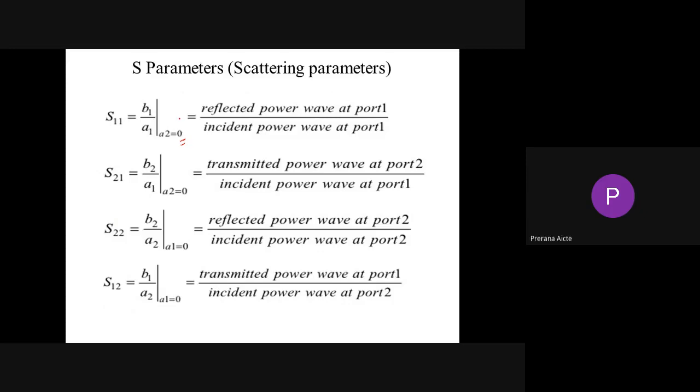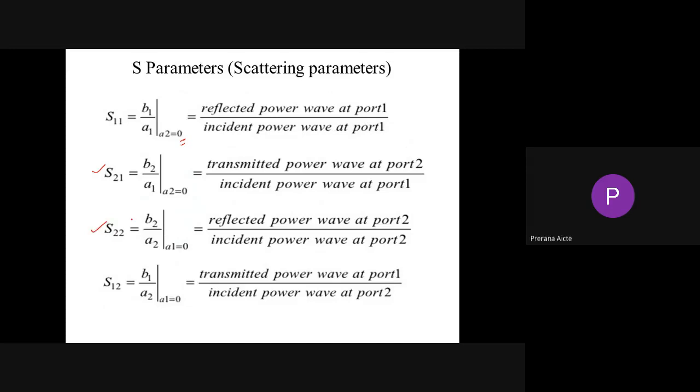So S11 equals B1 divided by A1 with A2 equal to 0. Similarly, S21 is B2 by A1, that is, the transmitted power wave at port 2 divided by the incident power at port 1, with A2 equal to 0. That is S21.